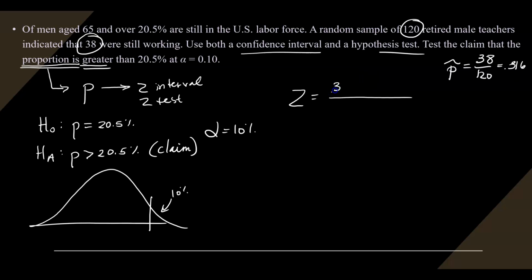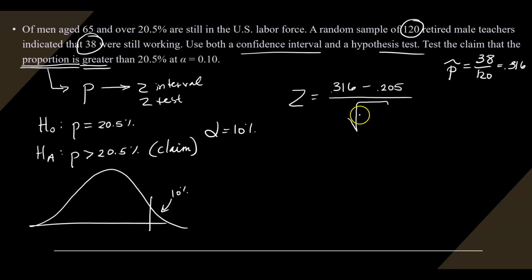So 0.316 minus the hypothesized value, 0.205, or 20.5%. And don't forget that in the denominator we are going to use the p and the q, not the p-hat and not the q-hat.